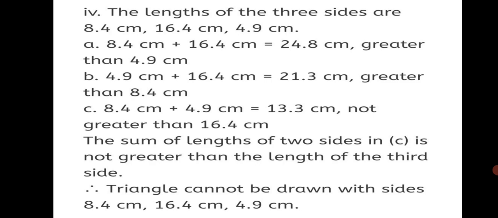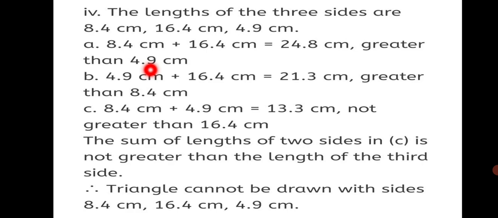Fourth question. The lengths of the three sides are given as 8.4, 16.4 and 4.9 centimeter. Let's start adding 8.4 plus 16.4. You can also add 8.4 plus 4.9 first, whichever you want. So here in A, we have taken two sides 8.4 and 16.4, which is equal to 24.8 centimeter and it is greater than 4.9 centimeter, the third side.